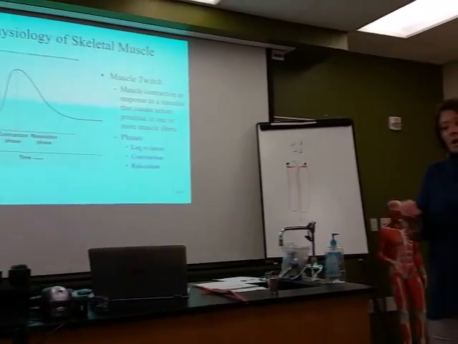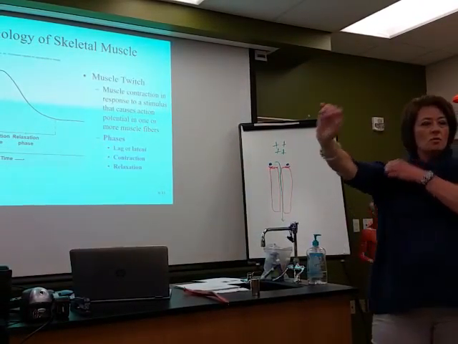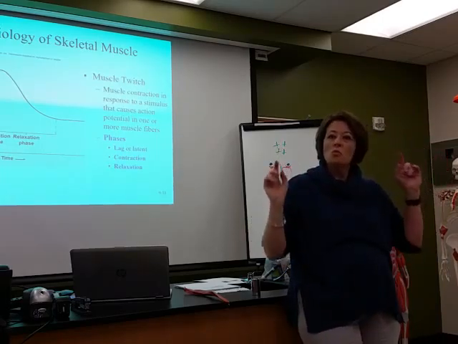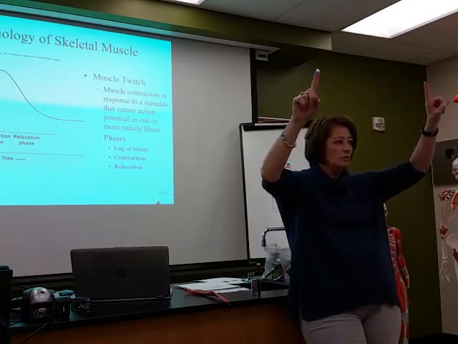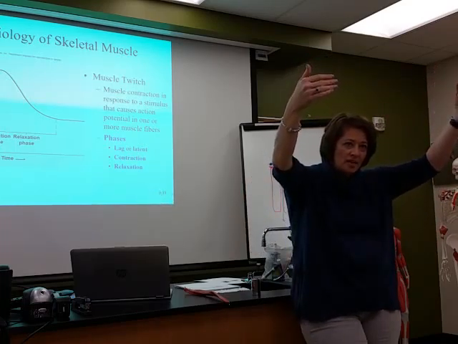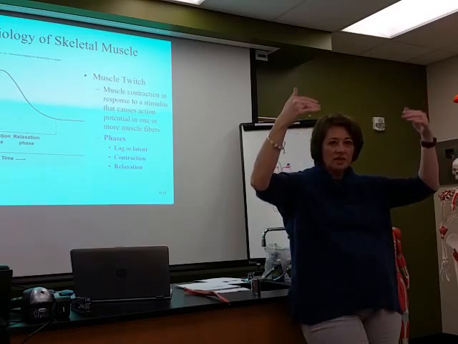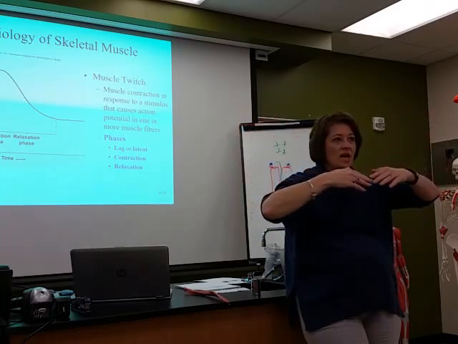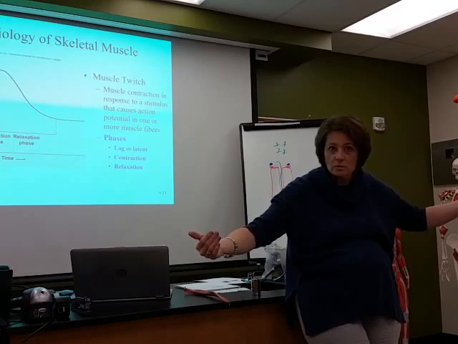So, the muscle twitch, we look at this based upon what occurs in the one cell, and that one cell is indicative of what takes place for the entire fascicle, the entire grouping, the entire muscle.